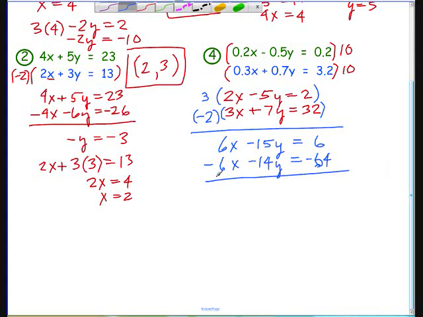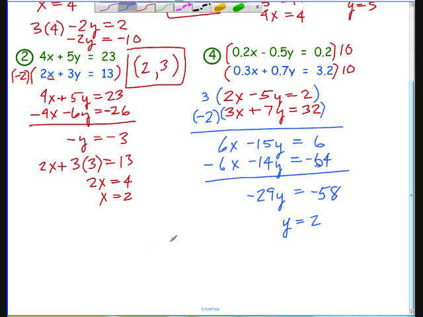Now I'm going to combine these. I eliminate my x just as I wanted to. I get this strange number of y's and an equally strange number on this side. But this is going to work out nicely. When I divide a negative by a negative, I get a positive, and it actually goes in there twice.